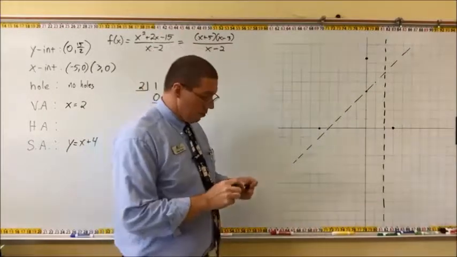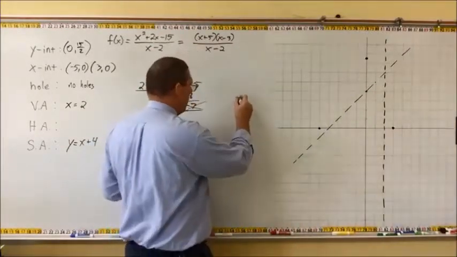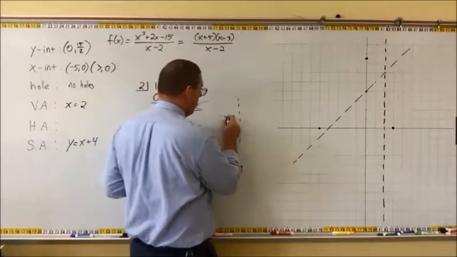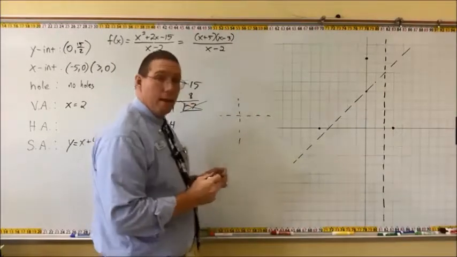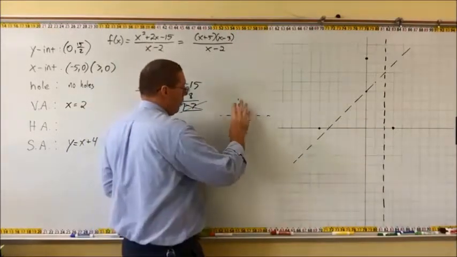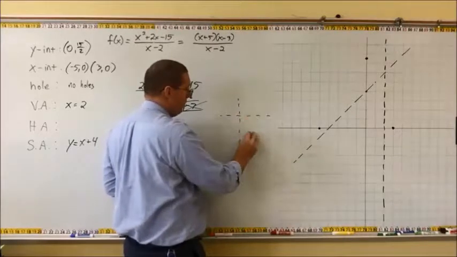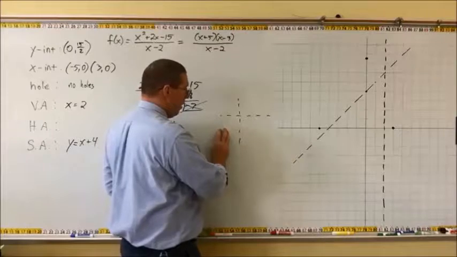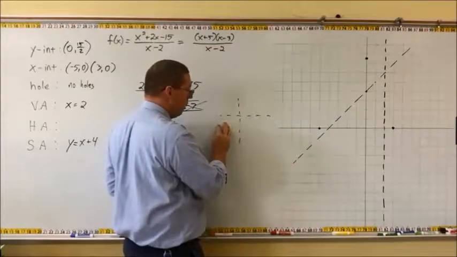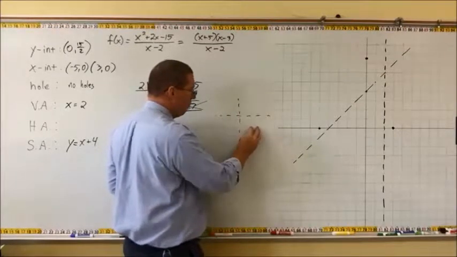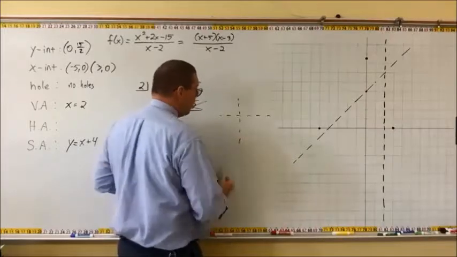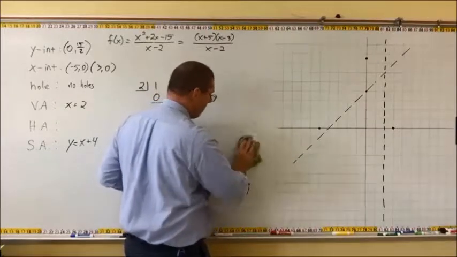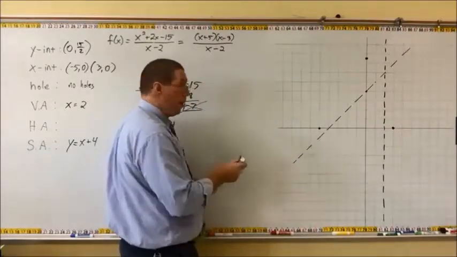Now watch this. Remember before we had a vertical asymptote and a horizontal asymptote, right? And so it gave us, here's a section, it gave us an above and a below. Here's another section, it gave us above and below, right? And we could only pick either above or below, and over here, either above or below, not both of them, right? Well, the slant asymptote works very similarly to the horizontal asymptote.